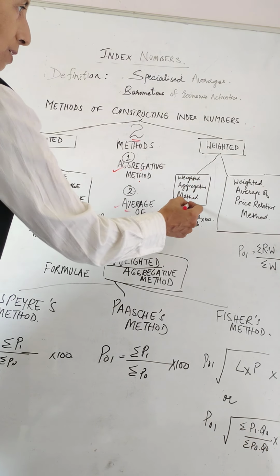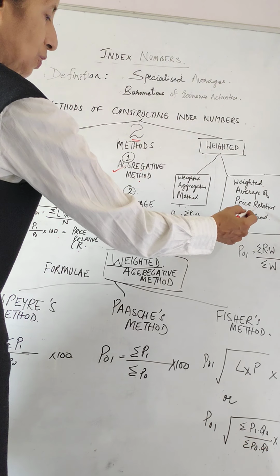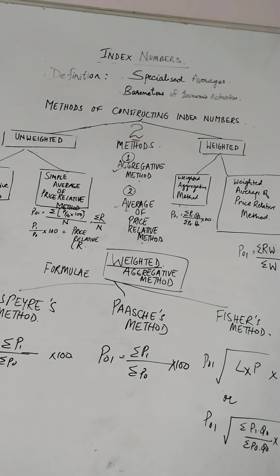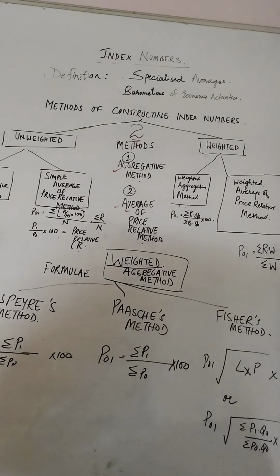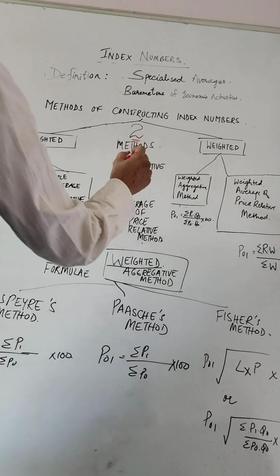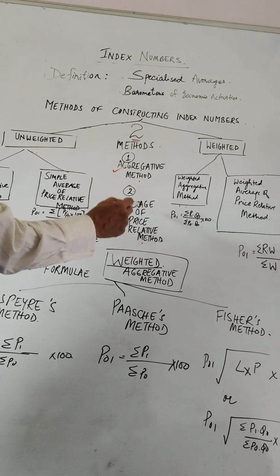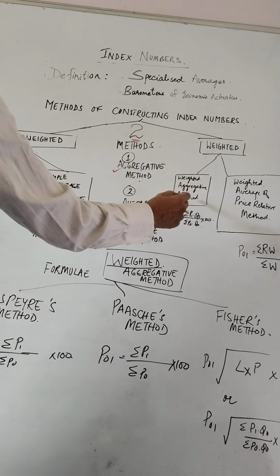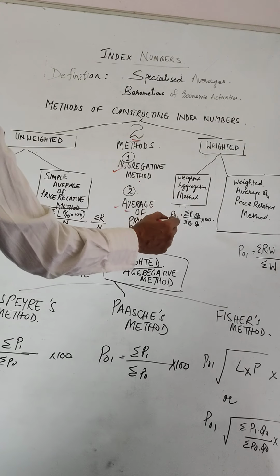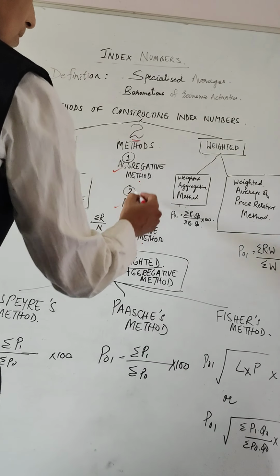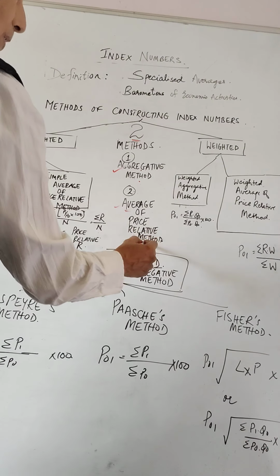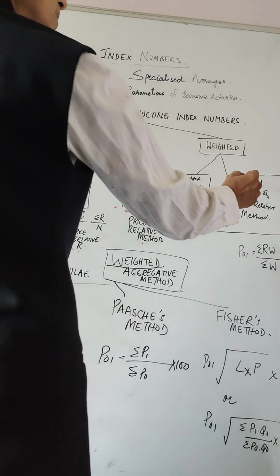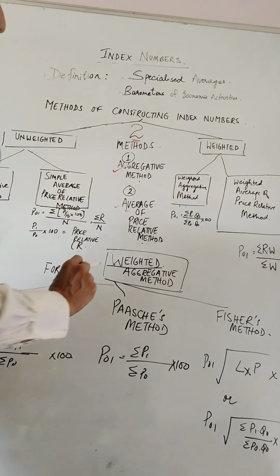Weighted aggregative method and weighted average of price relative method. Even weighted index numbers are calculated with the same two methods. One is the aggregative method, but here weighted aggregative method, along with the weights. And the second one is again the average of price relative method, but here the weighted average of price relative method.